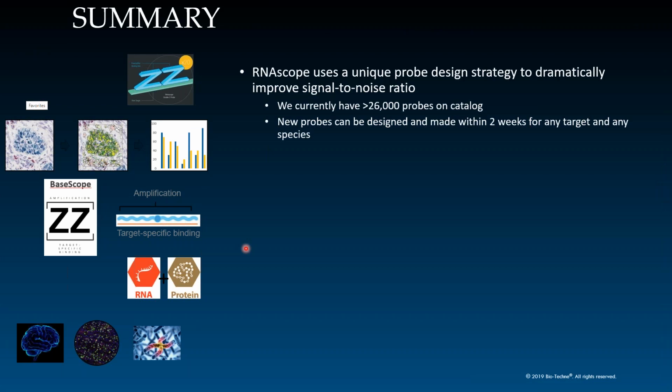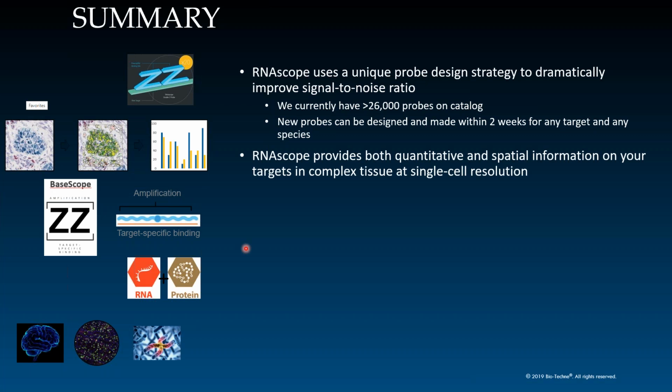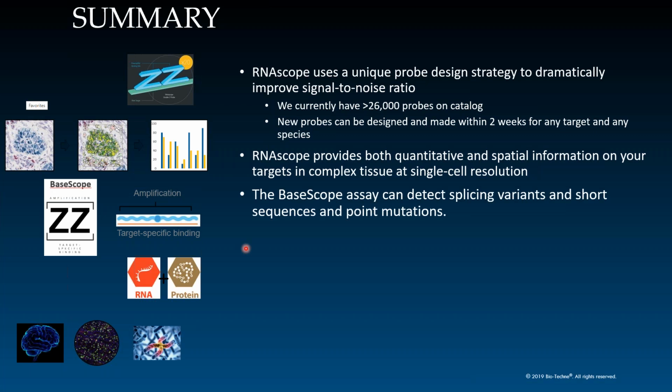So I hope what I've been able to show you today is that the RNAscope technology is a broad umbrella of three major assays: BASESCOPE assay, RNAscope assay, and microRNAscope assay, which will help you interrogate the target of your interest. And we are able to provide you with custom probes, as well as you are welcome to over 26,000 pre-designed probes in our catalog. Because of the sensitivity and specificity of our assay, we can very precisely spatially map targets of interest in heterogeneous tissues.